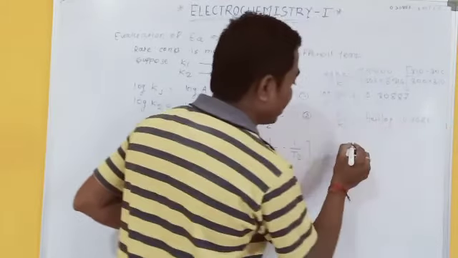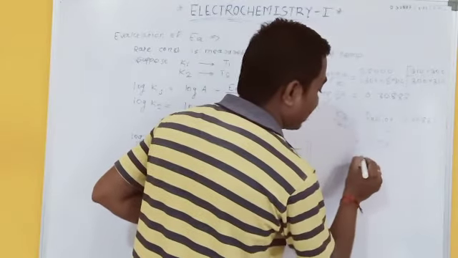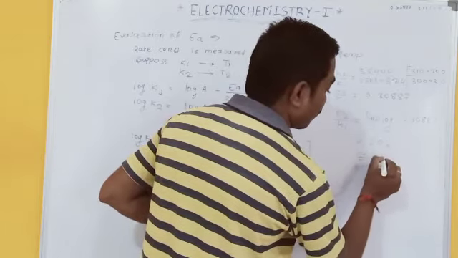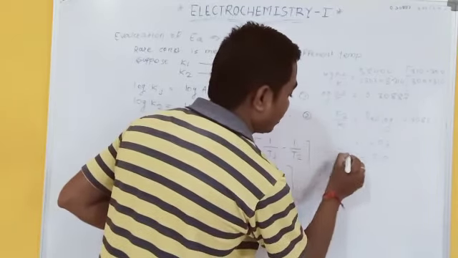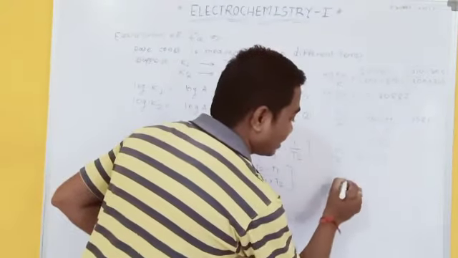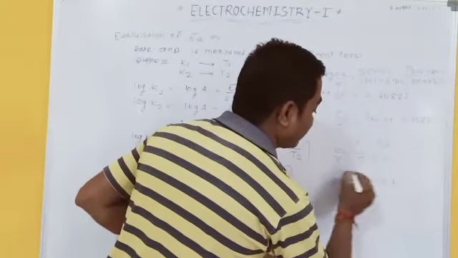Then it gives the value of 2.03, which is approximately equal to 2.0. K2 divided by K1 is equal to 2.0, that is K2 is equal to 2.0 into K1.